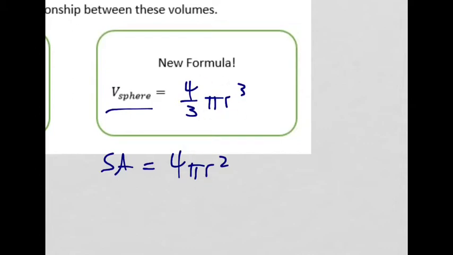The way I remember it is that volume units are cubed, and so in the volume formula, r is cubed. Area units are squared, and so r is squared in the area formula. So that's how I remember between the two. I just remember, cubed units are for volume, so 4 over 3 pi r cubed is for the volume of a sphere.